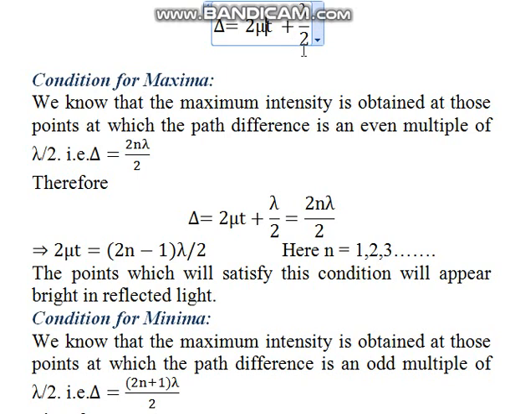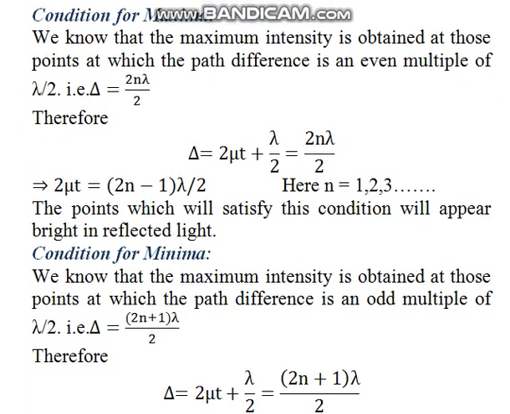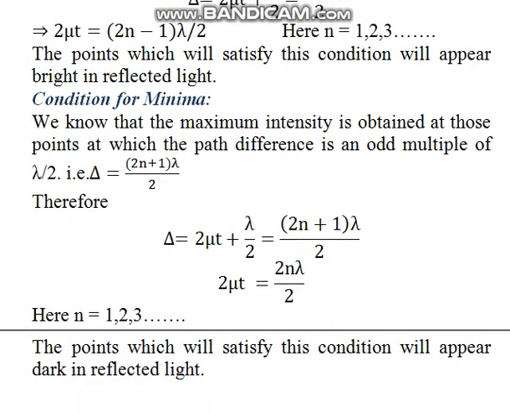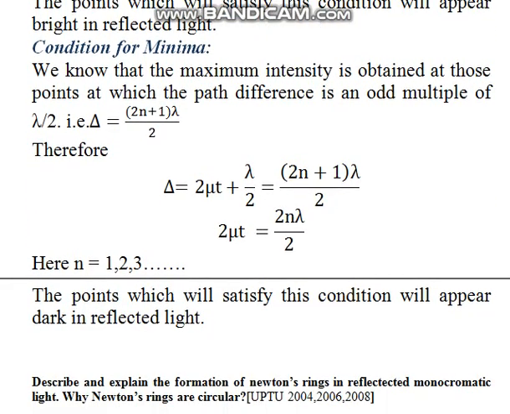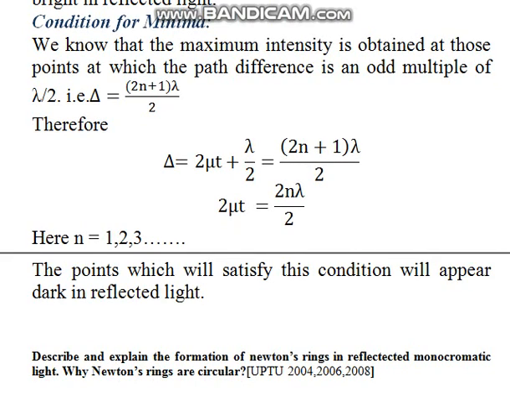In a similar way you can write the conditions for maxima and minima for the transmitted light. So this is basically the theory behind the Newton's ring. The question here is very important: describe and explain the formation of Newton's ring in reflected monochromatic light. Okay, thank you.